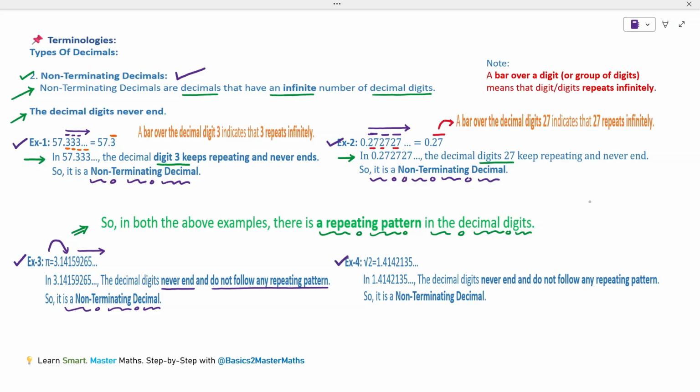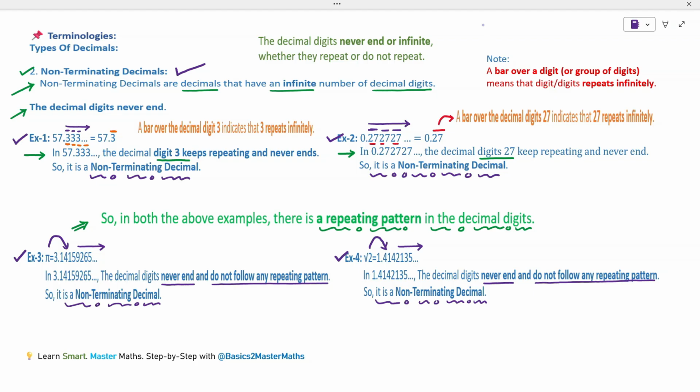Fourth example, the value of square root 2 is 1.414213 and continues. Here, the decimal digits never end and do not follow any repeating pattern. So, it is a non-terminating decimal. Got it?